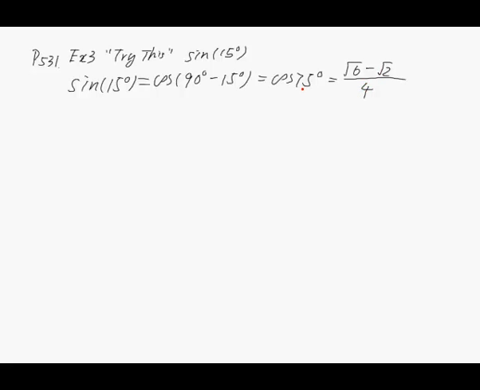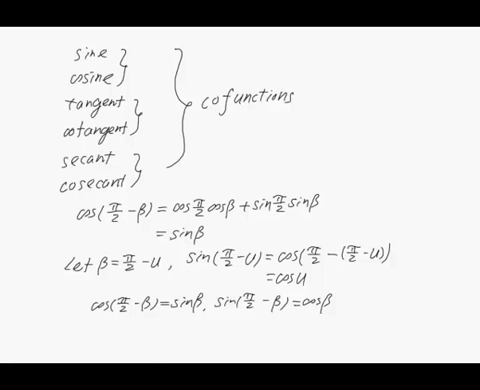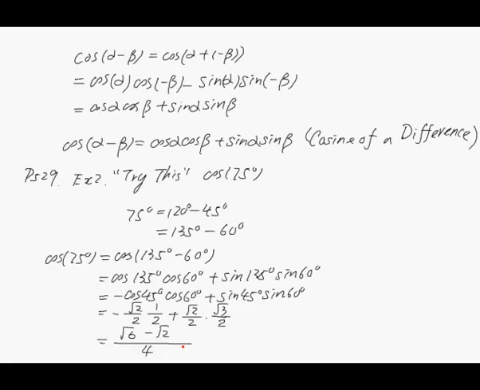Let me show you the result for this cosine of 75 degrees. Here, right? We just found this value in Example 2.